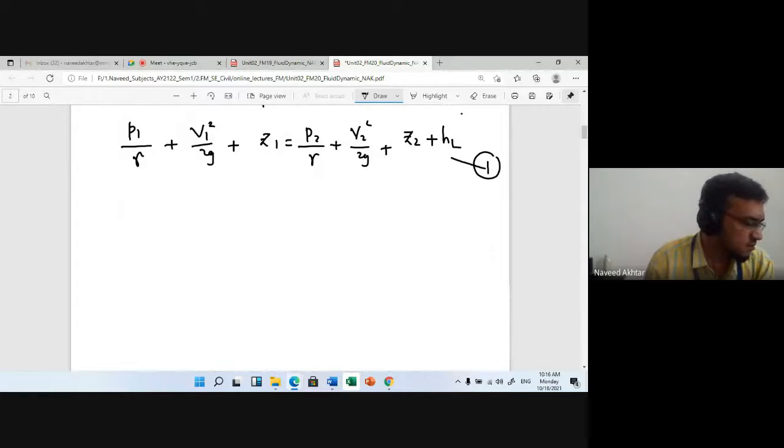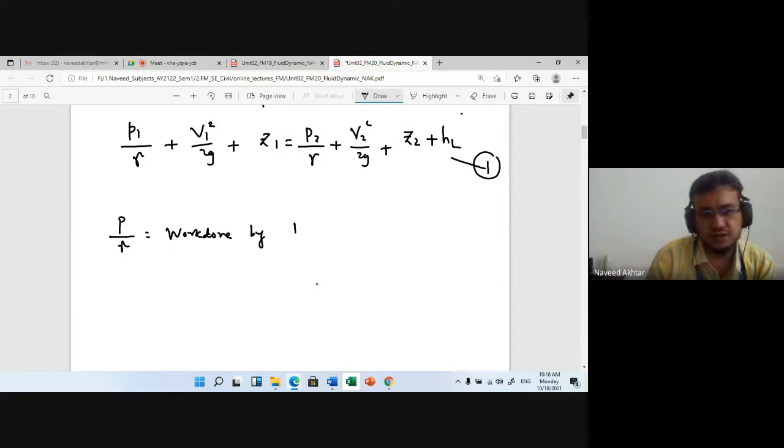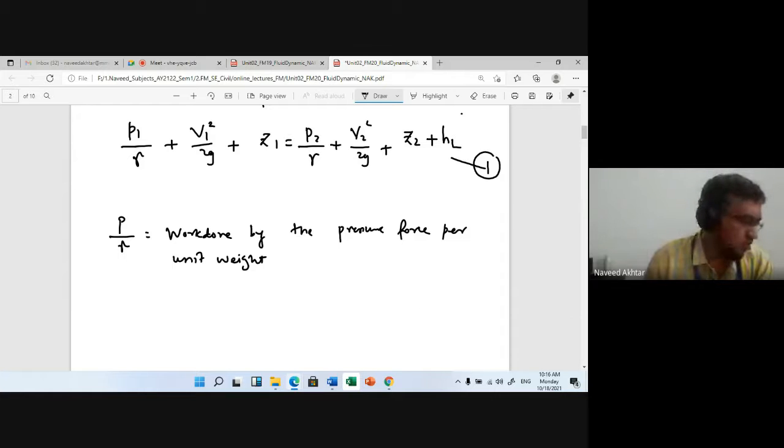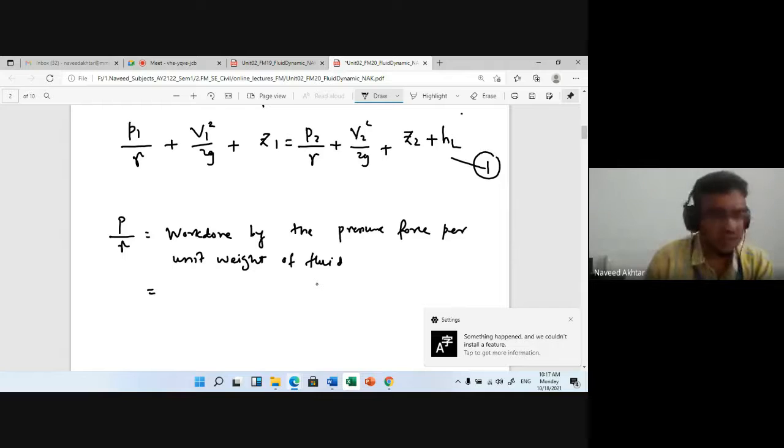You know that P upon gamma is the work done by the pressure force per unit weight of fluid, where gamma is the unit weight of fluid. It is also called the pressure head.